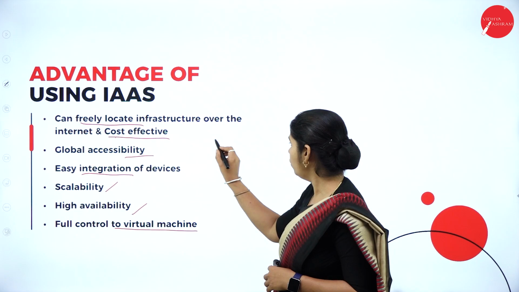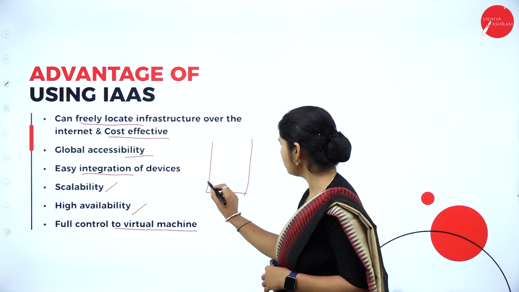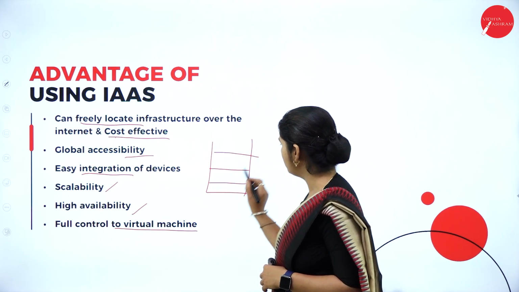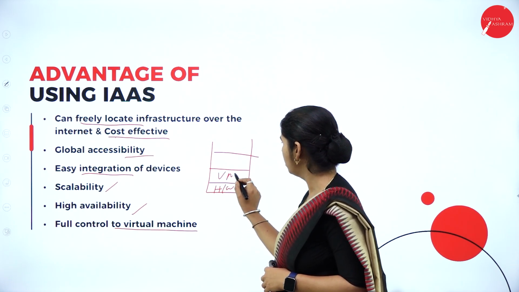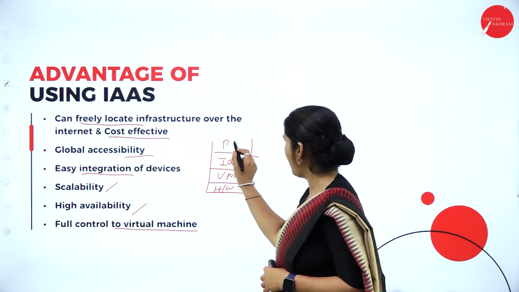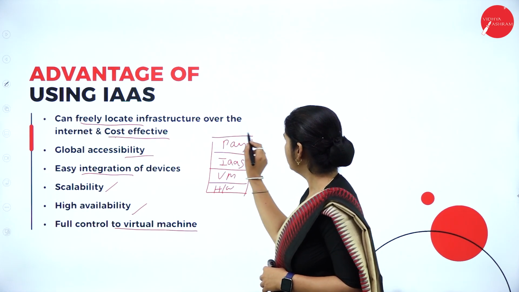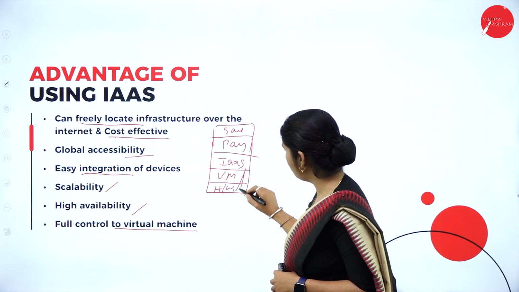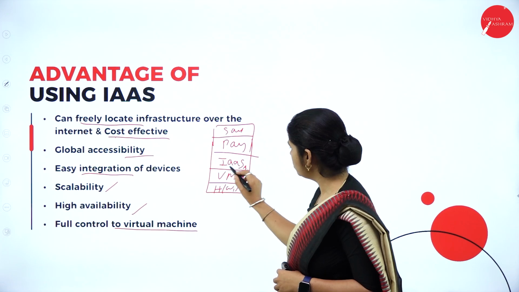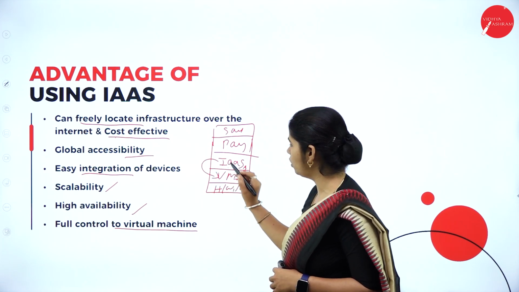So as I told you, this is what we have as a service. This is the hardware, this is the virtual machine, this is IaaS, this is PaaS, and this is SaaS. This is just above the virtual machine, so we have full control over the virtual machine.